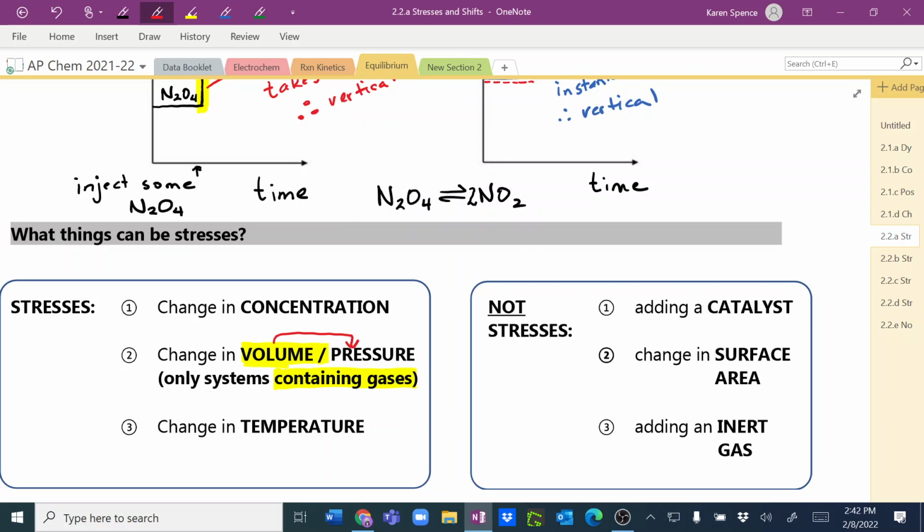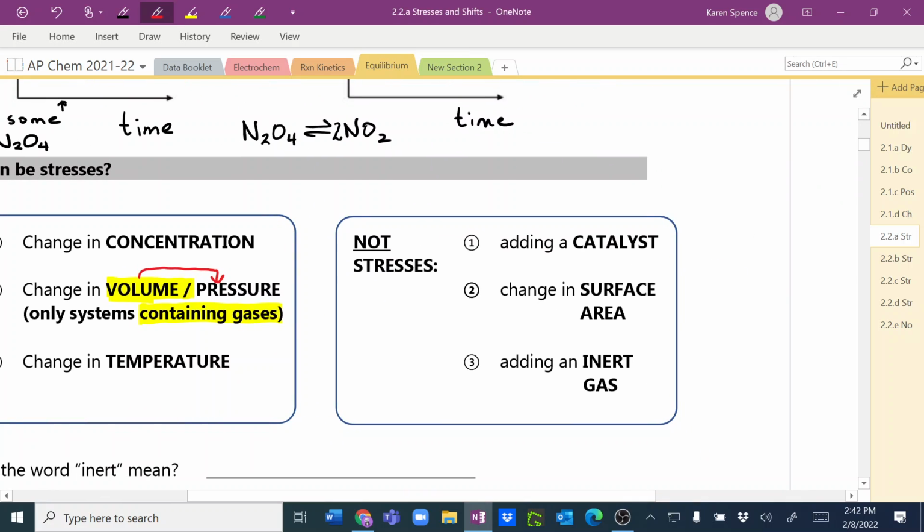What does the word inert mean? Unreactive.